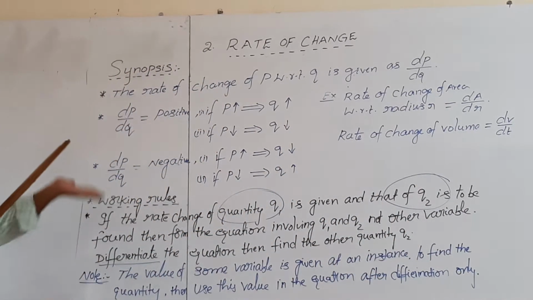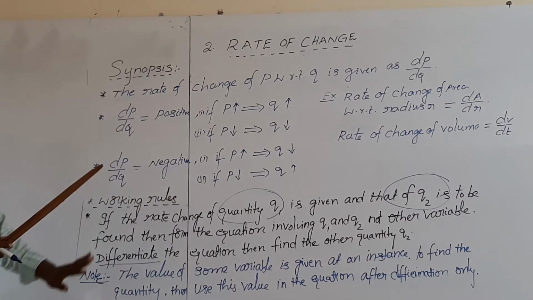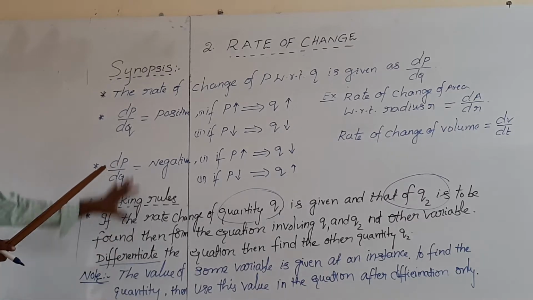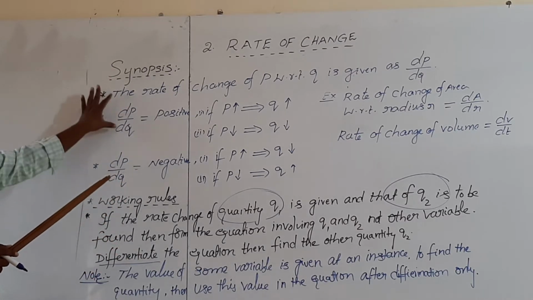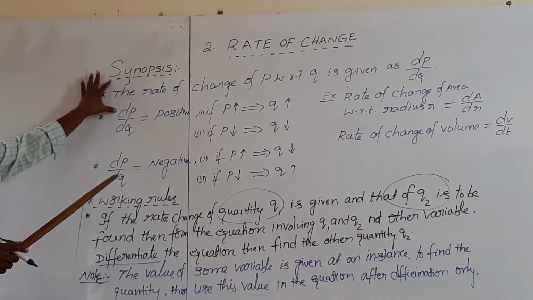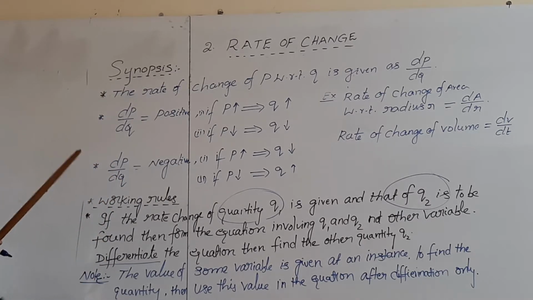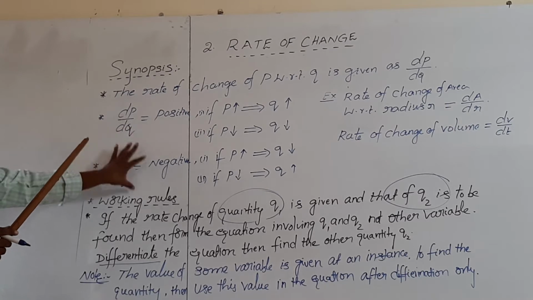Before differentiation we should not use this value. So remember these points. Using these rules we can easily find rate of change problems. These are the synopsis, very simple things.